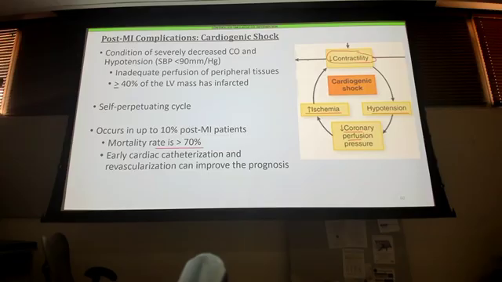So maybe now my supply can't even keep up with the demand at rest, and now I have more myocytes dying, which then leads to even more decreased contractility, which just perpetuates that cycle, leading to the patient dying. Okay. So not something you want your patient to experience.